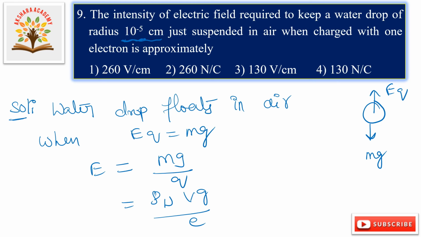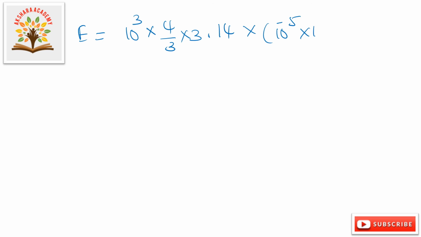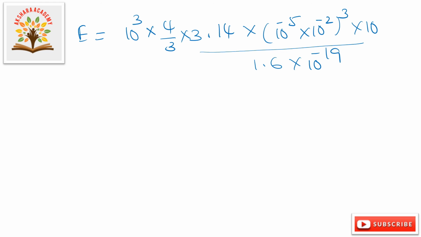Now substituting values, E is equals to density of water 10 cube into 4 by 3 into 3.14 into 10 to the power of minus 5 into 10 to the power of minus 2 whole cube, 4 by 3 pi r cube, into 10 by 1.6 into 10 to the power of minus 19, charge of electron.